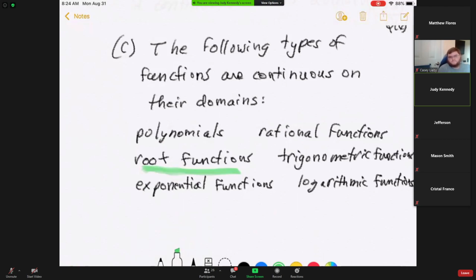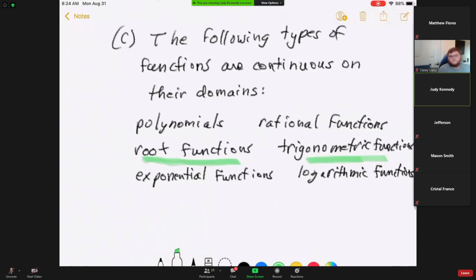Square roots are only defined when the number under the square root is non-negative, and fourth roots likewise. But cube roots are defined everywhere, so it all depends on the domain. For any root function, as long as a is in the domain of that root function, then that root function is continuous at a.